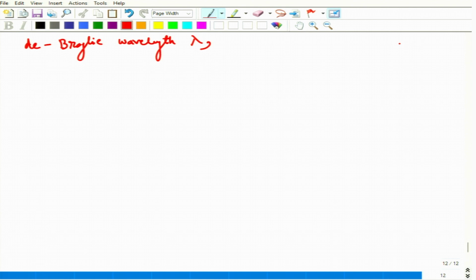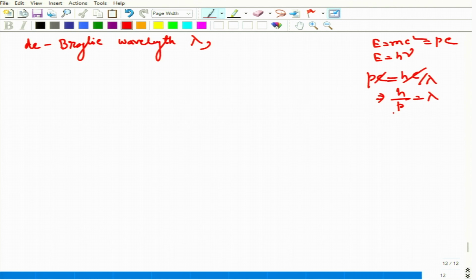If you remember, E equals mc square, you know, E equals h nu, you know, then mc square, equate these two for anything, then it is actually p into c, and it is again c by lambda, then h by p equals lambda. Yes. So it is correct. So h by p equals lambda, this is the de Broglie relation.